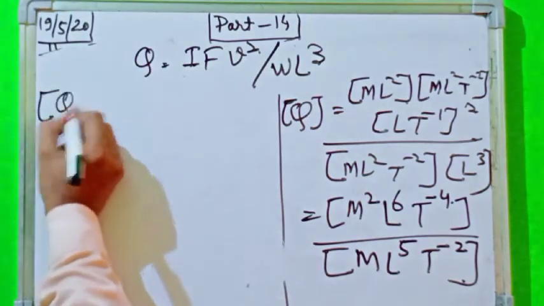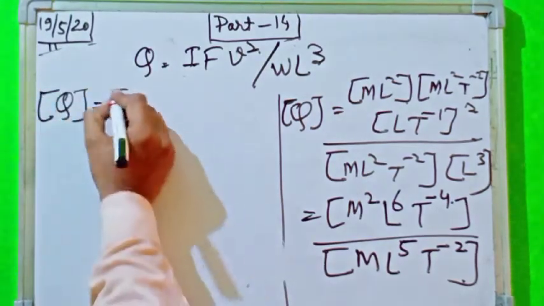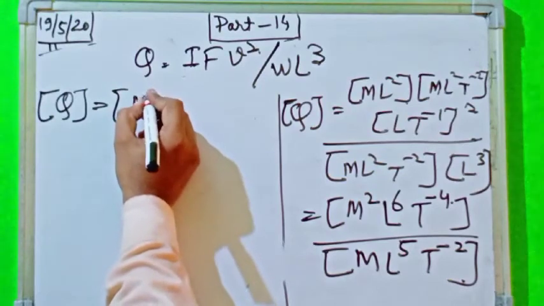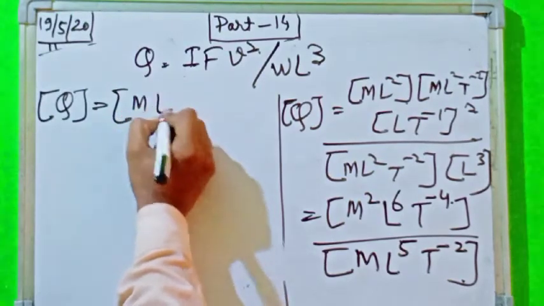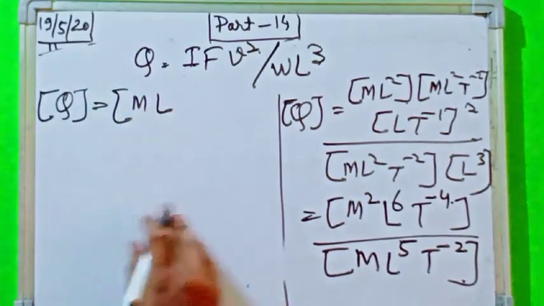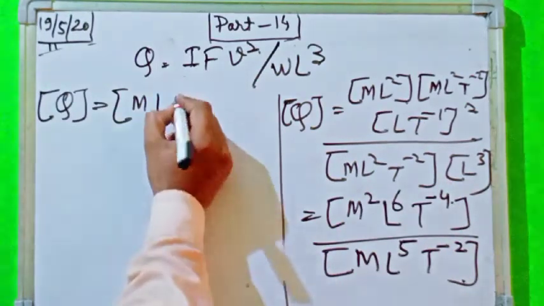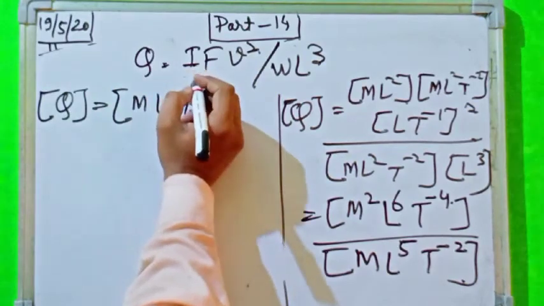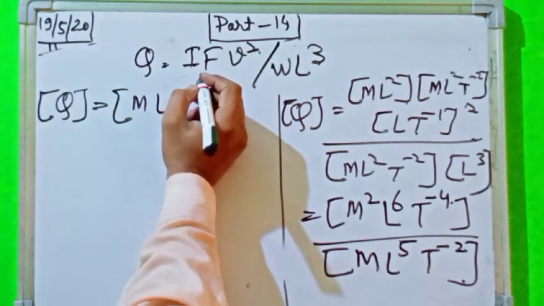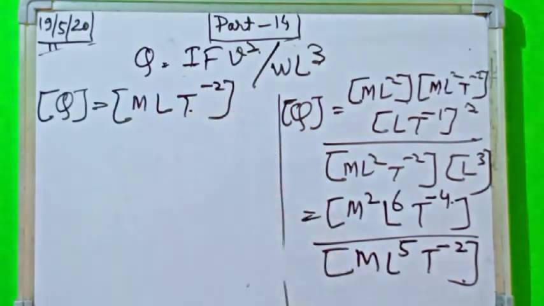The dimensional formula for Q is equal to M, L, and T to the power minus 2.